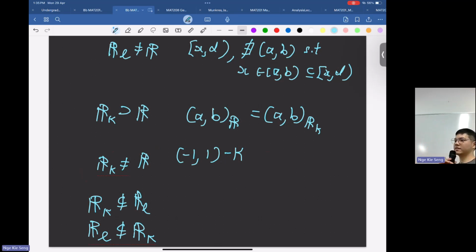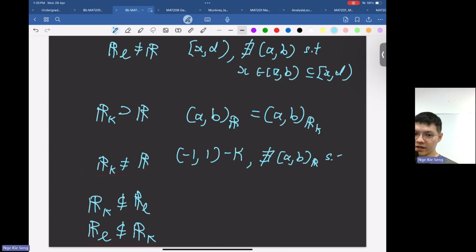What point is that? 0. So there's no open interval (a, b) in R such that 0 is in (a, b) and (a, b) is in (-1, 1) take away K.